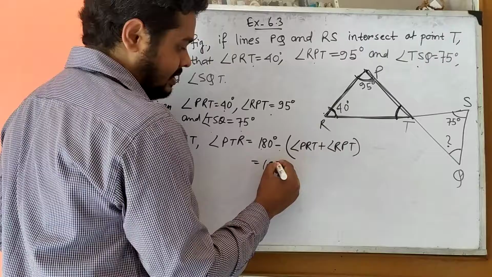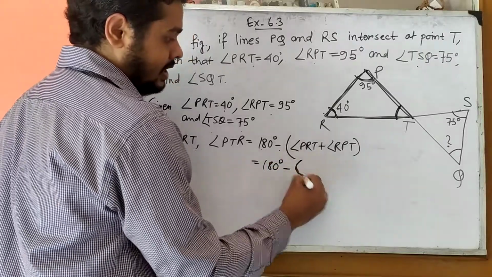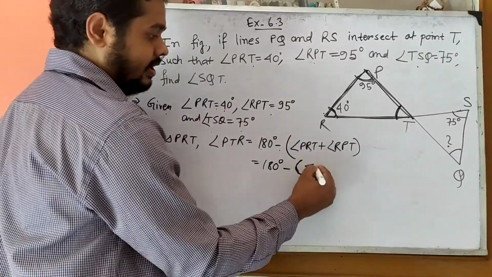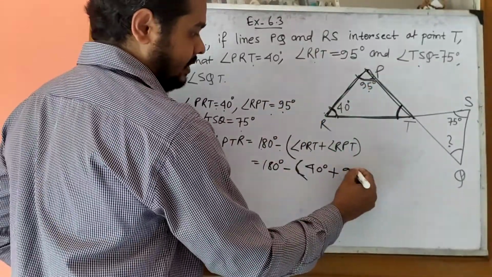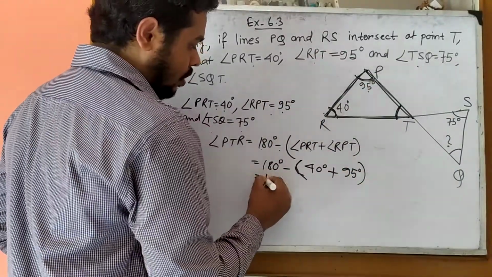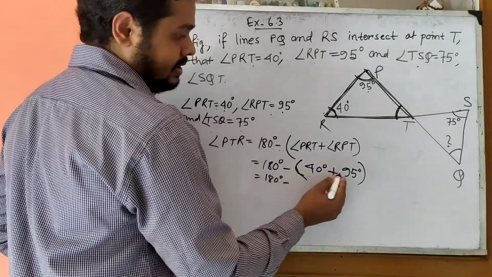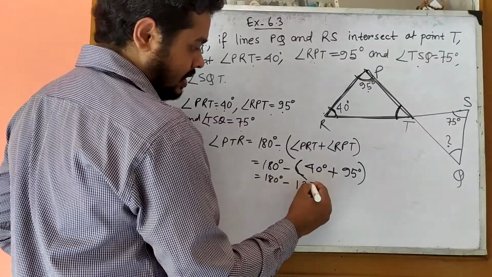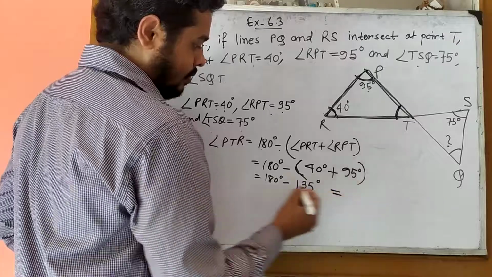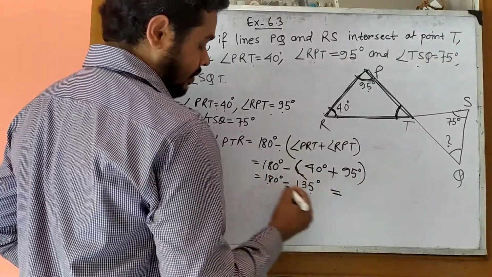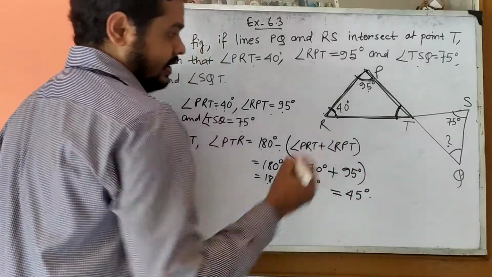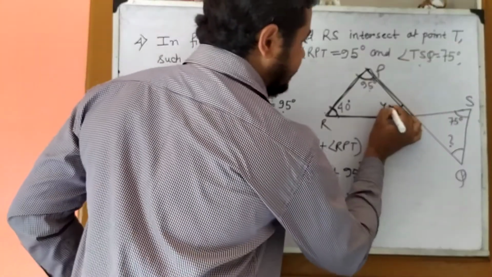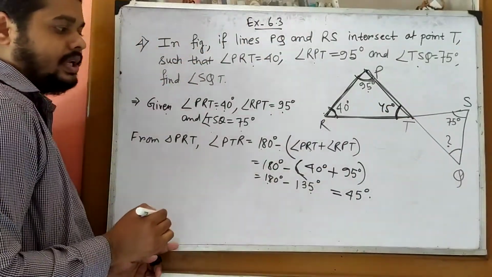Now 180 minus, PRT is 40 degrees and RPT is 95 degrees, so 180 minus 135, that is 45 degrees. So this angle is 45 degrees.